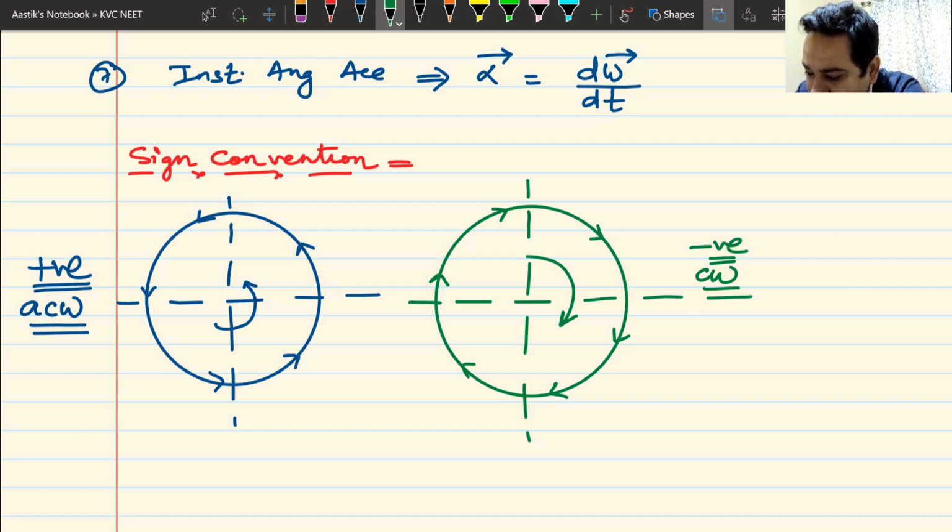A body is moving in a circular path of radius r.